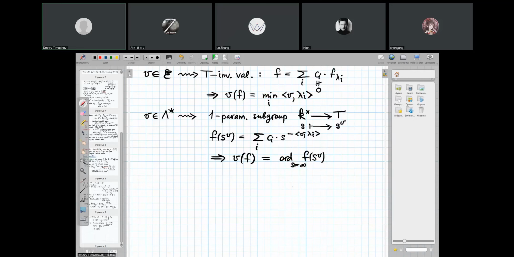So you have your torus T. Somewhere here is the unity element, of course. And you have your one-parameter subgroup, this curve S to the v, depending on a multiplicative parameter S. And you have to tend S to infinity.